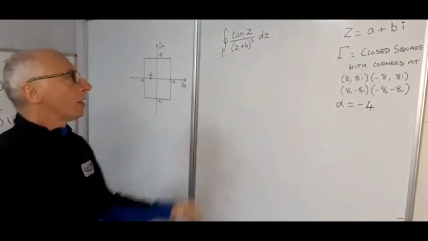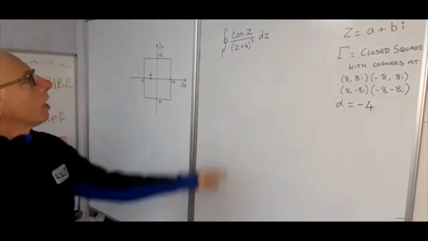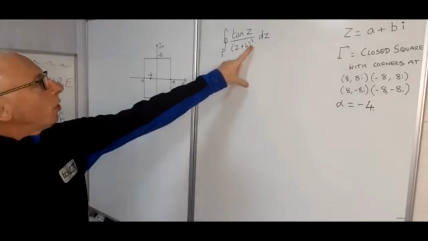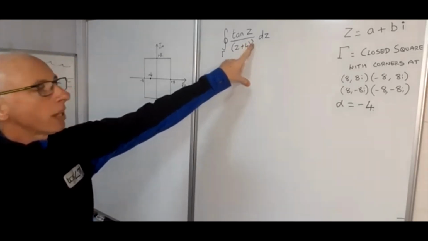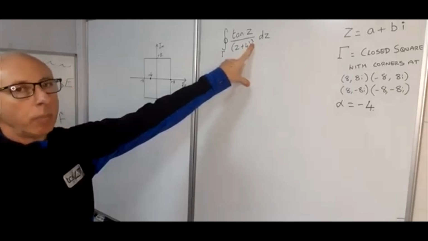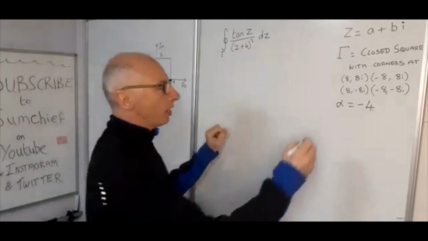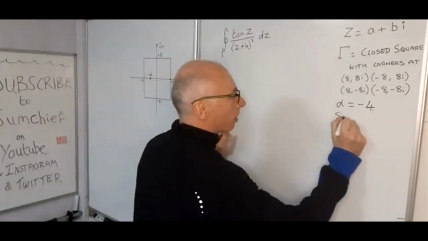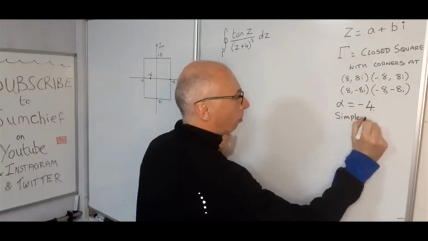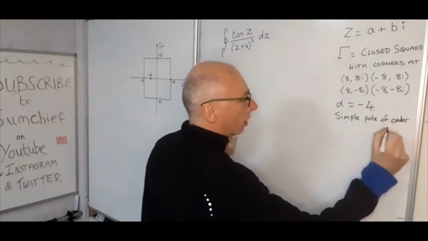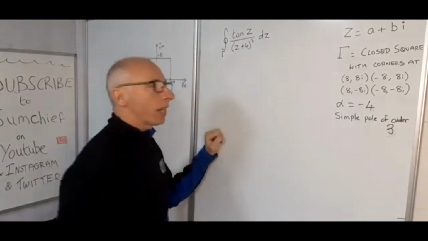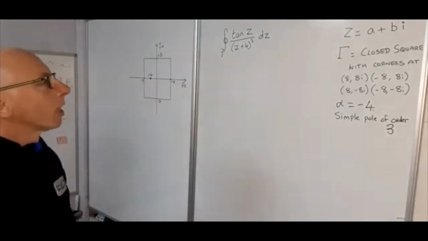That's our singularity point. So at minus 4, (z plus 4) cubed, that's our singularity. So therefore this is a simple pole of order 3. So that's going to be quite important.